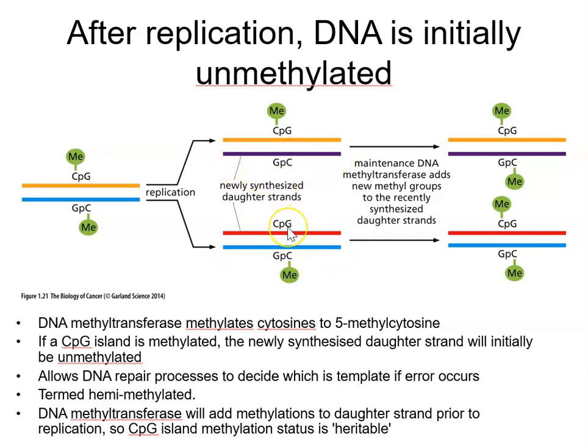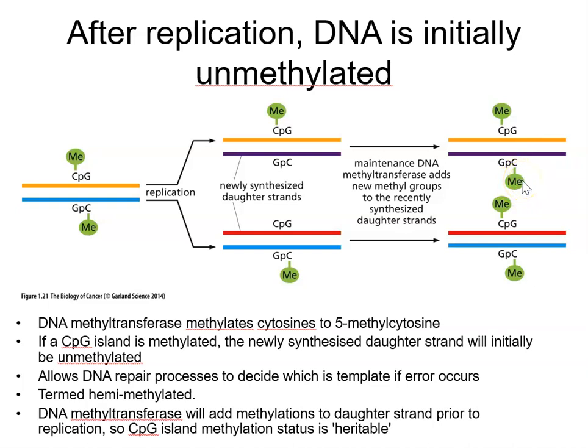Now that's really important because methylation patterns need to be added on after DNA replication. So because there's a methylation there and an unmethylated cytosine there, DNA methyltransferase comes along and maintains the pattern. So that methylation there will dictate that there will be a methylation put in there.